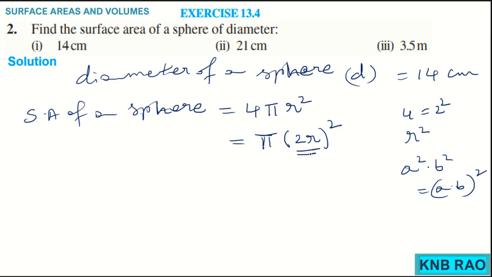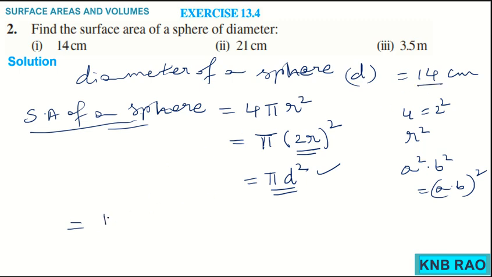Now, what is this 2r? 2r is diameter only, so I can write it as pi d square, which is surface area of a sphere. So, pi d square, straight away I can substitute in the place of d, that 14.